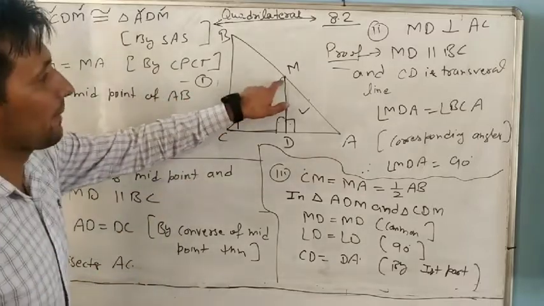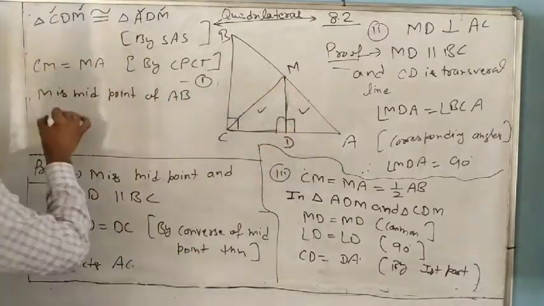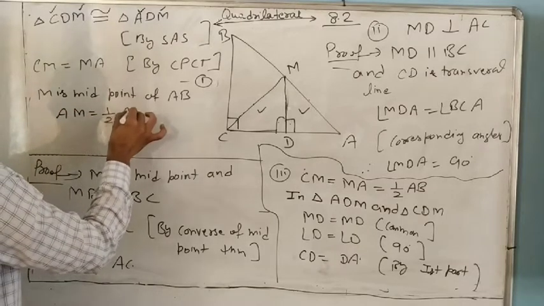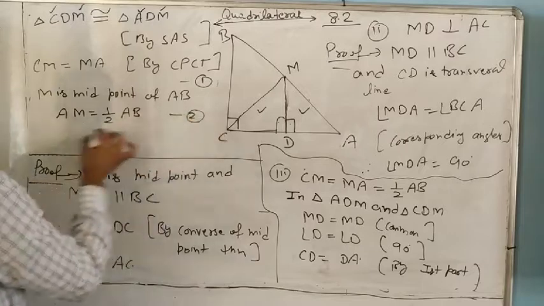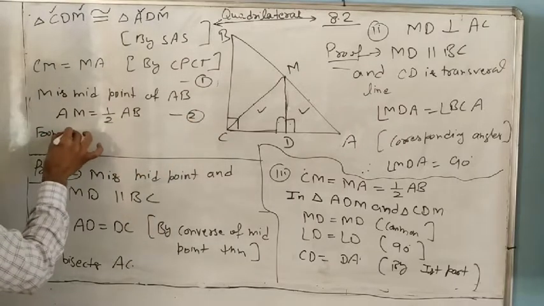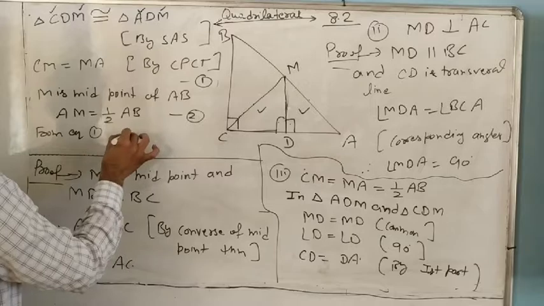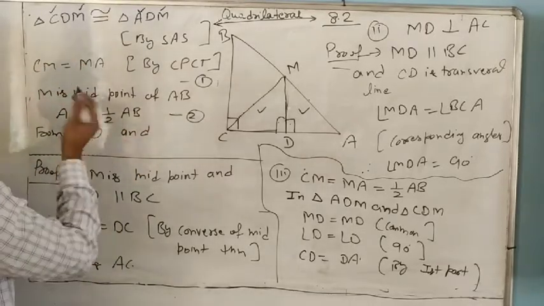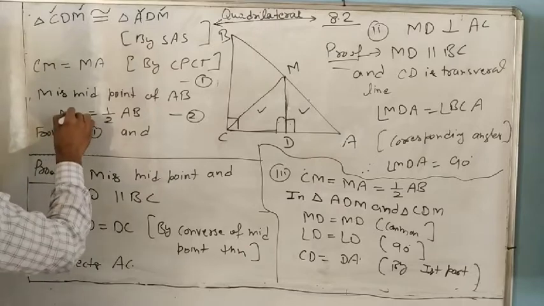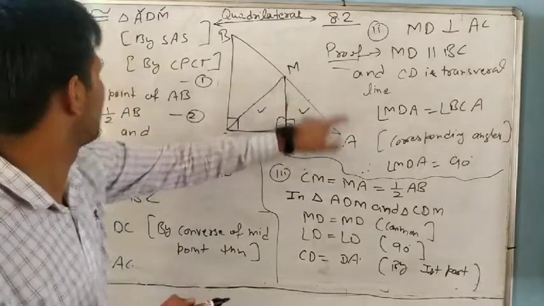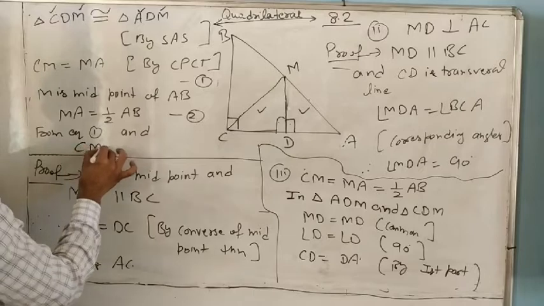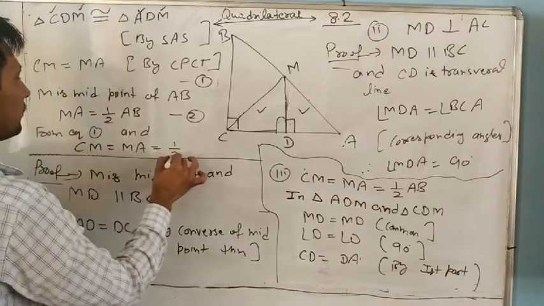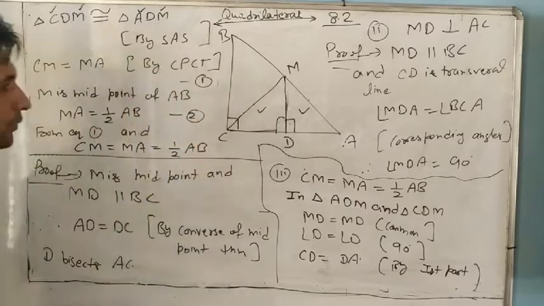We know if M is the midpoint of AB, it means AM is half of AB. Equation number 2. From equations 1 and 2, you can say that CM equals MA, AM or MA, and MA equals half of AB. So we put this and finish it.